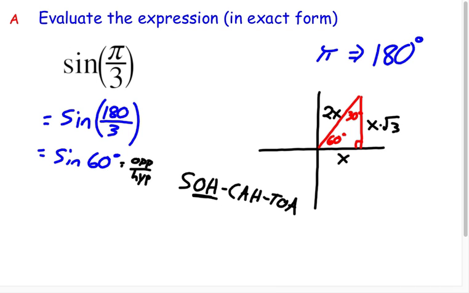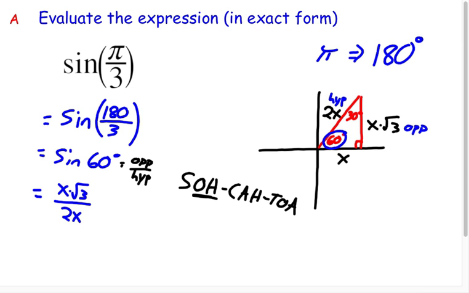I just have to refer back to my triangle. From my angle of 60, opposite is my x square root of 3. The hypotenuse is my 2x. So when it says what is sine of 60, I'm going to have x square root of 3, that's my opposite, over the hypotenuse 2x. And this is the way I leave it.